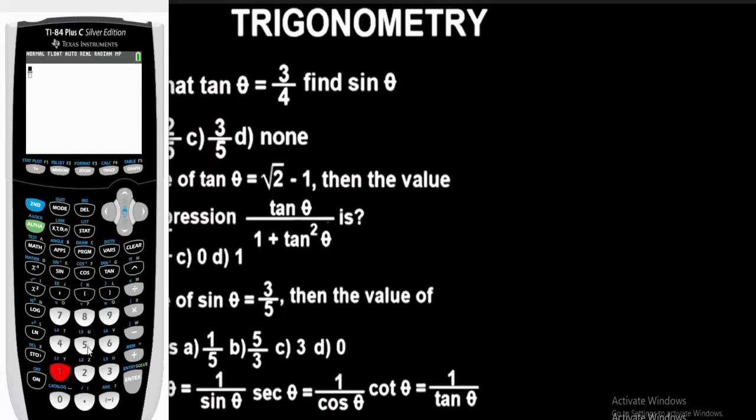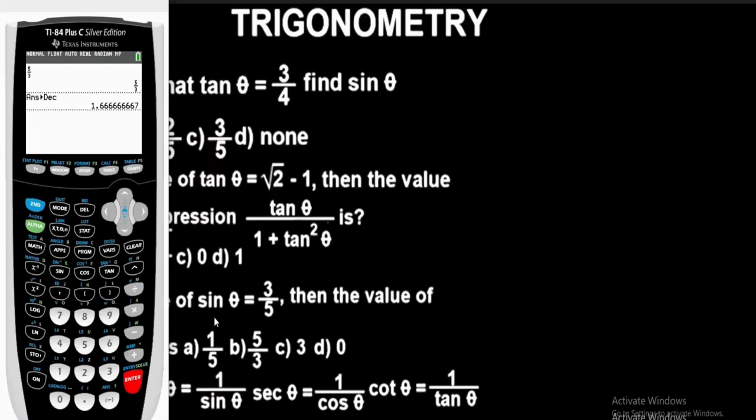So we have 5 over 3. Press enter. So convert it to decimal. We press math button, press 2, press enter. 1.66 exactly. So guys, the correct option to this question is what? Option B. So it's as simple as that, guys.